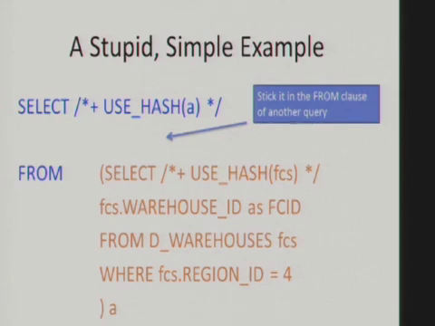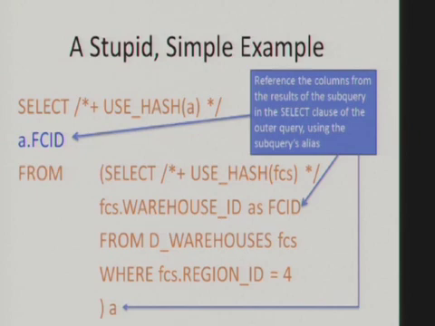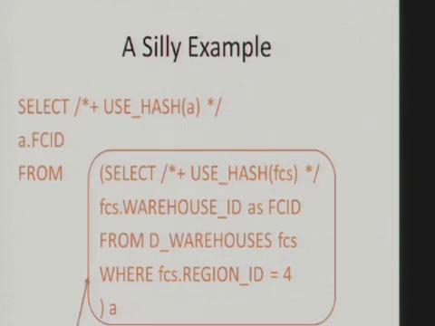And then we can use it like a table in another query. So select from table A, and we can select FCID from table A because that is the name of the column in that table. And that's a subquery. It's just like a table called A with one column called FCID.